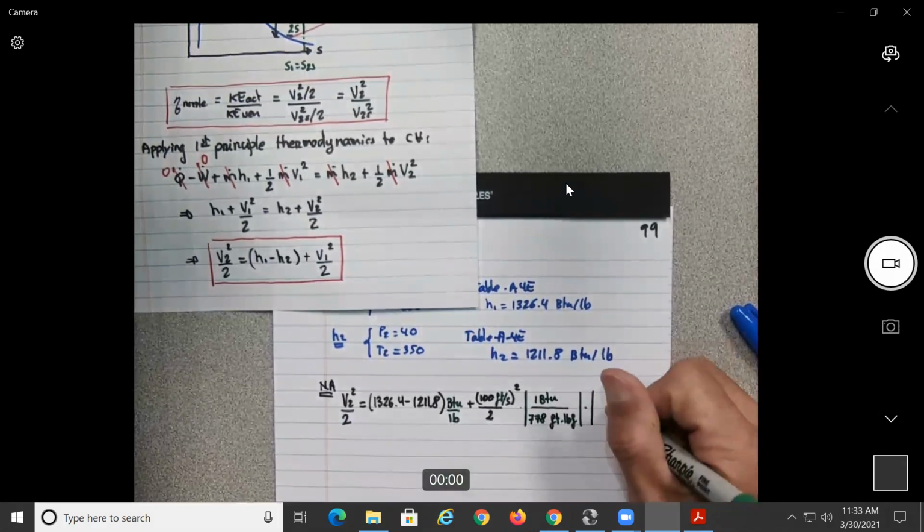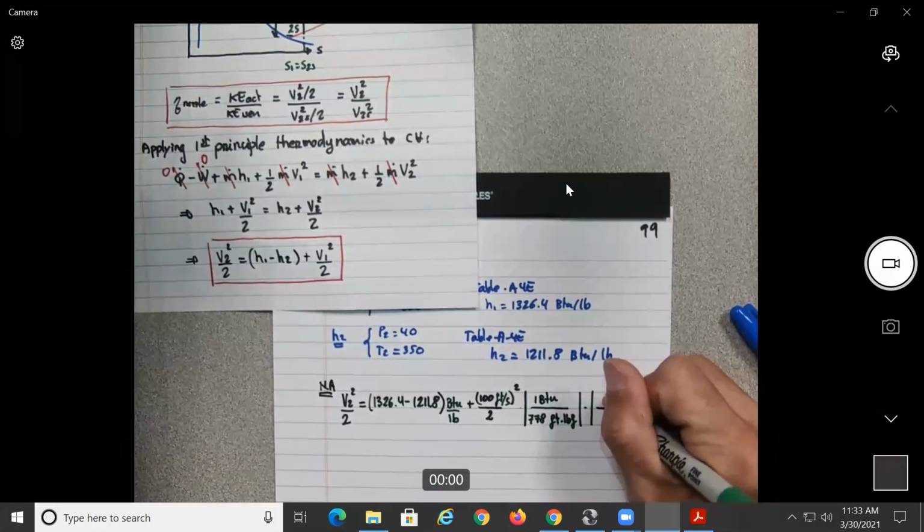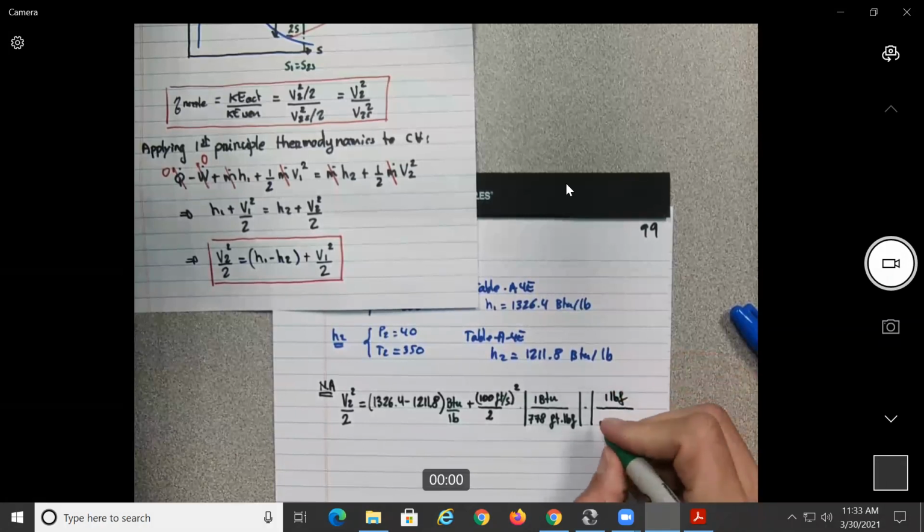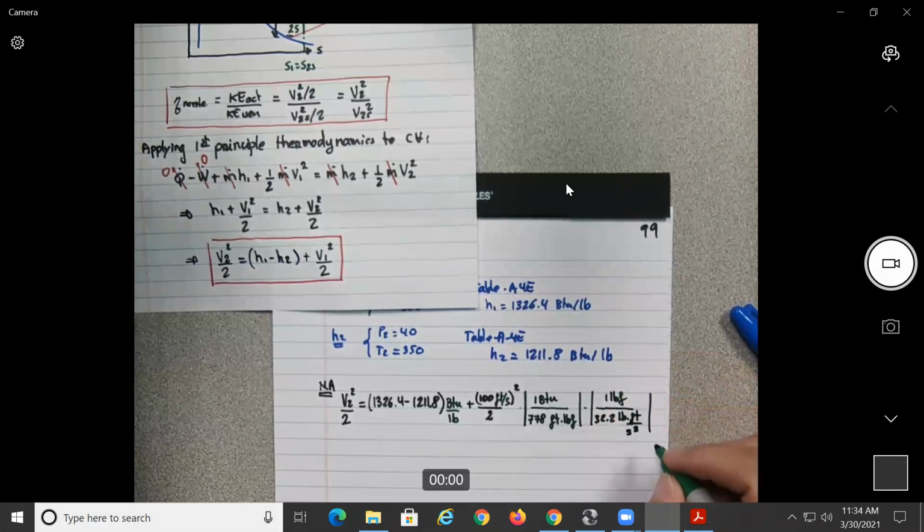So then what do we know? 1 pound force will be equal to 32.2 pound foot per second squared, from F equals m a, where a is the acceleration.